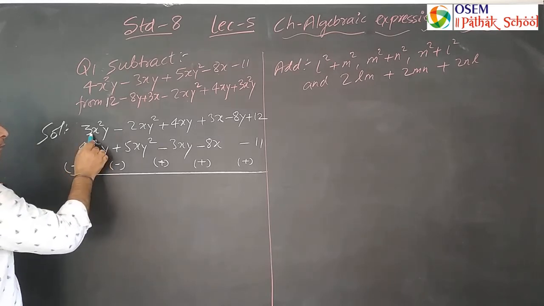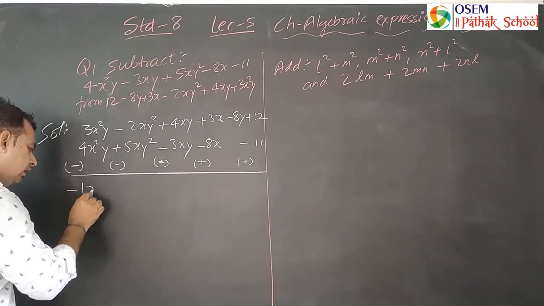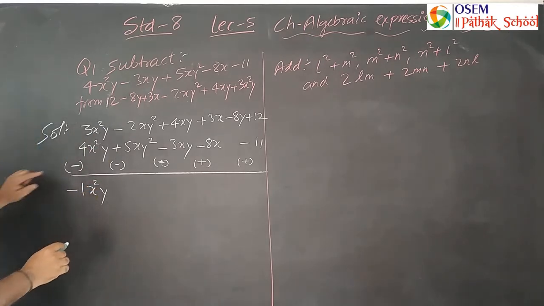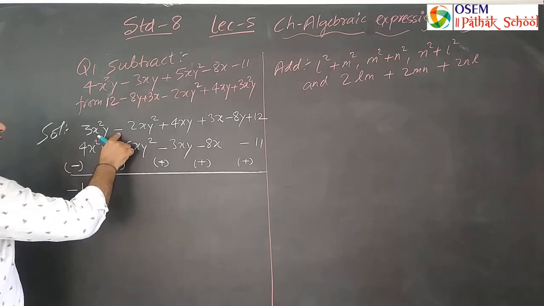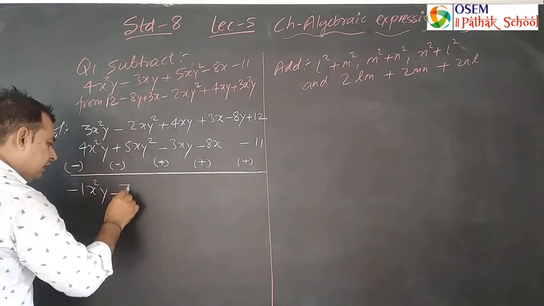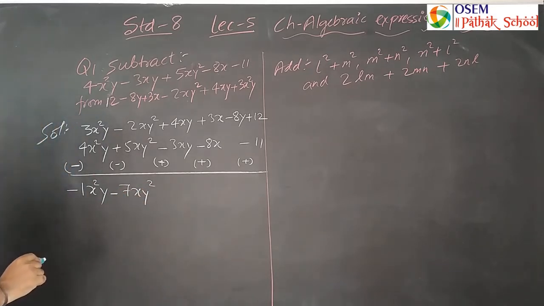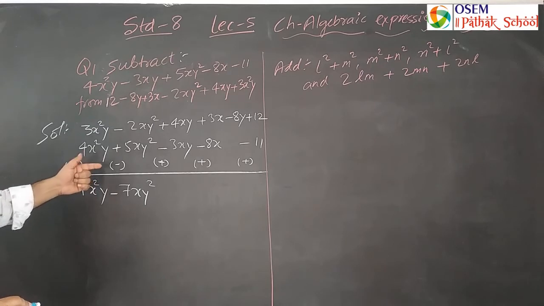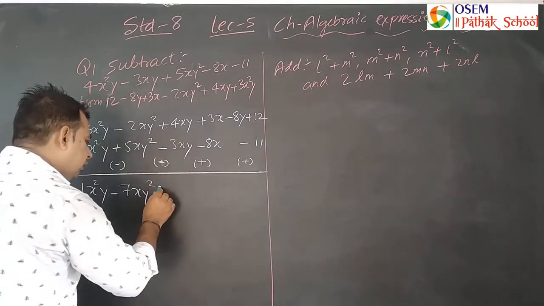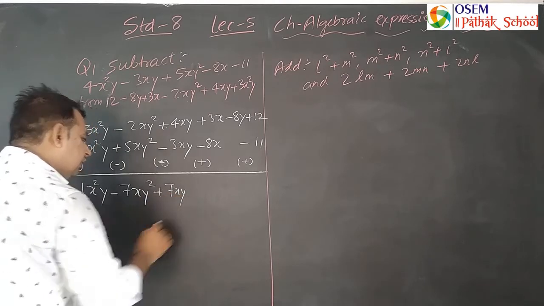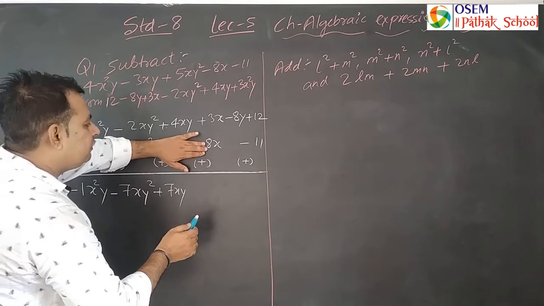4x square y plus 3x square y. It will be minus 1 x square y, since 4 minus 3 will be 1. Minus 5 and minus 2 will be minus 7 xy square. Just adding the like terms: 3 plus 4 will be 7xy. 8, remember this sign now.